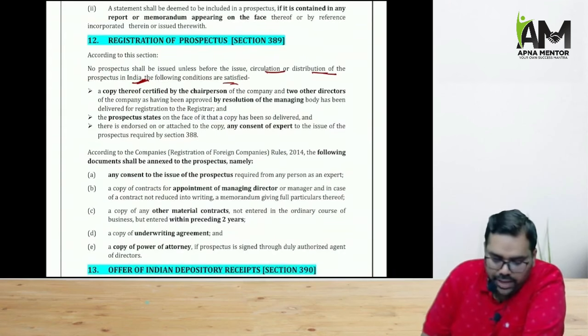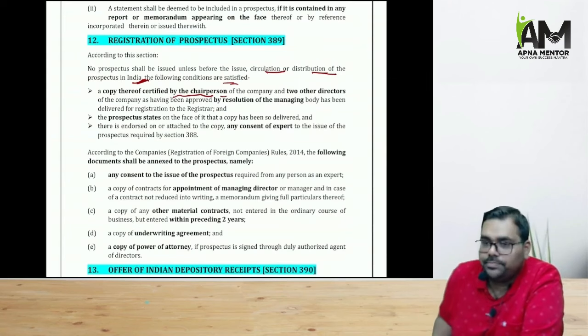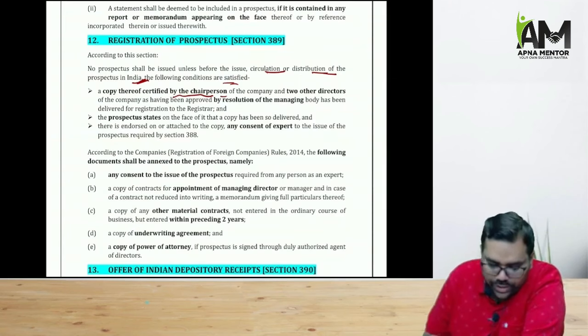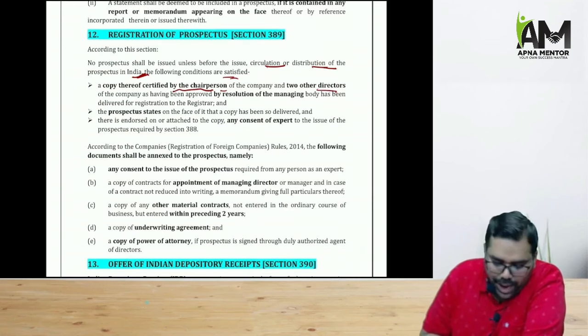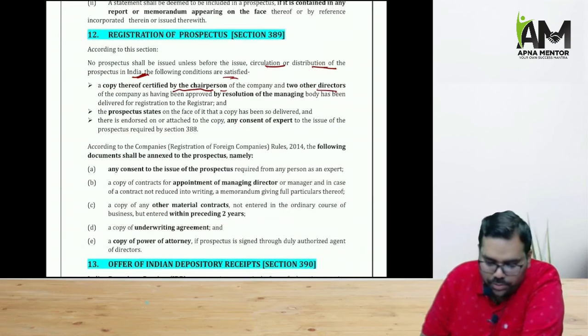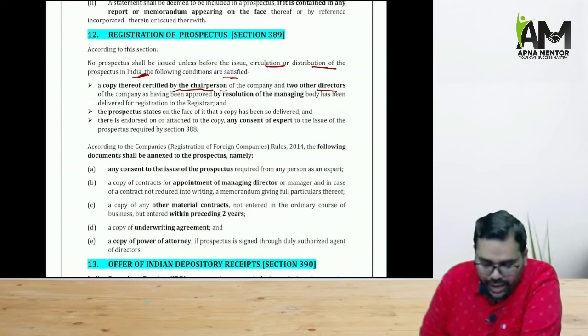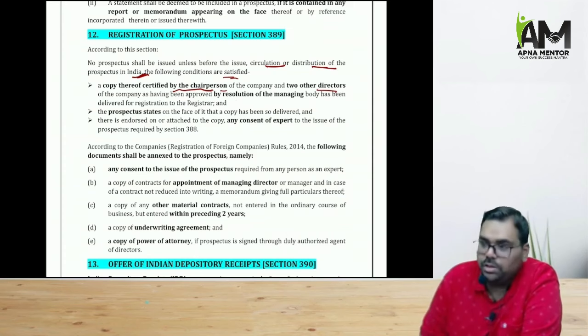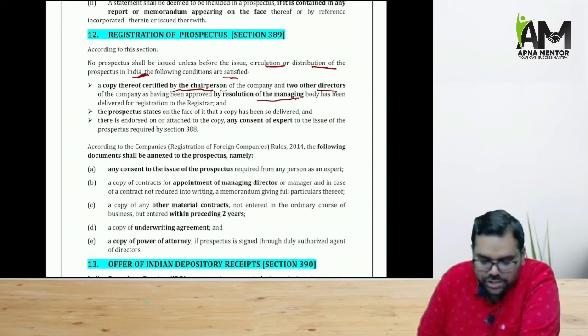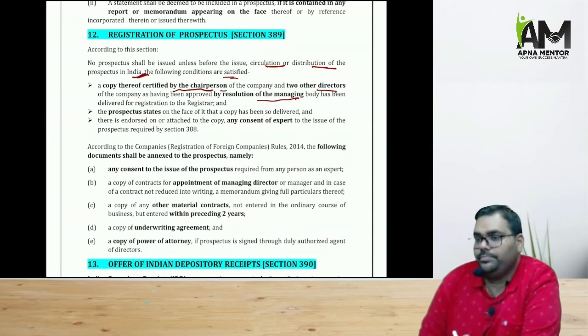Condition number 1, a copy certified by the chairperson of the company and 2 directors of the company, approved by resolution of the managing body, has been delivered for registration to the registrar.